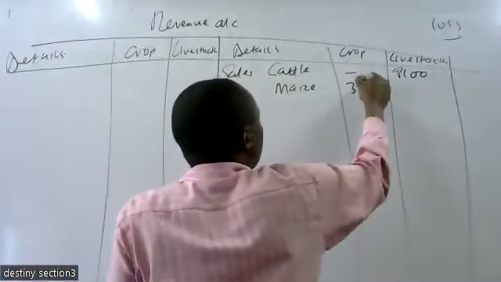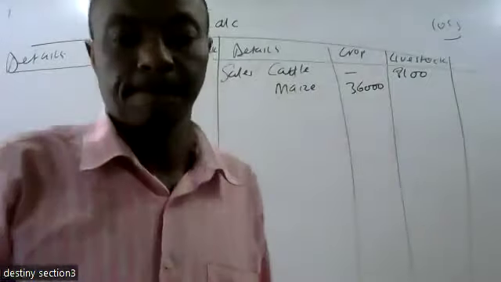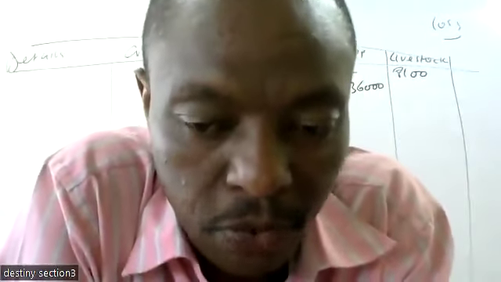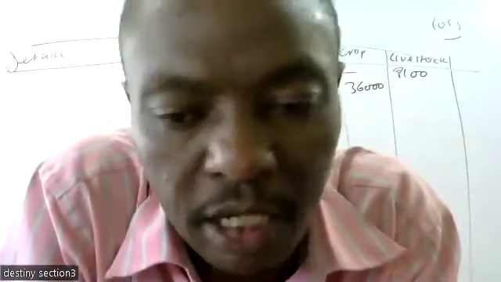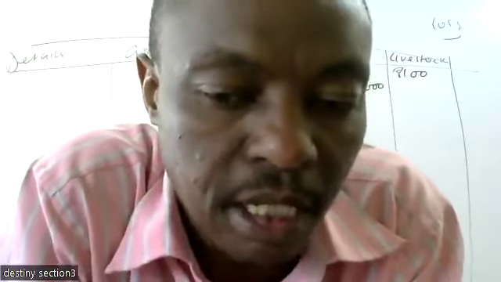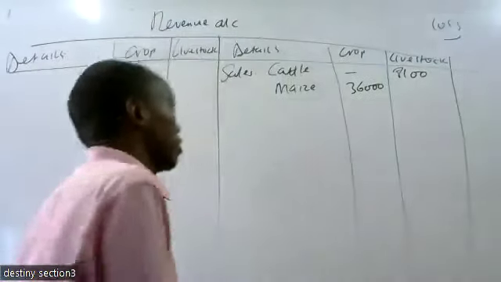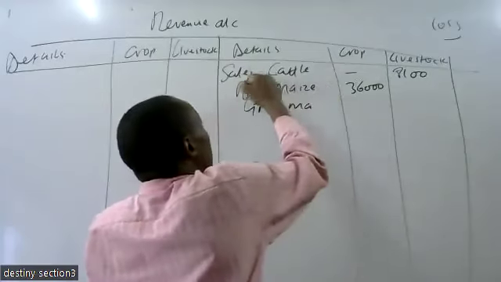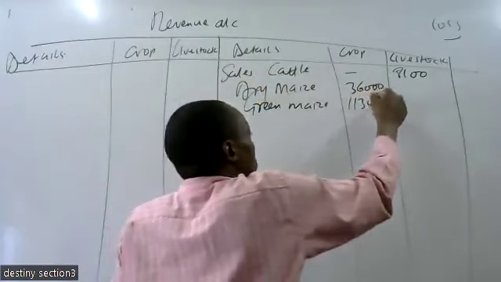It goes to crop. Do we have any other sale? Do they sell manure or milk or something? Green maize, 11,340. Thank you. 11,340 again goes to crop.